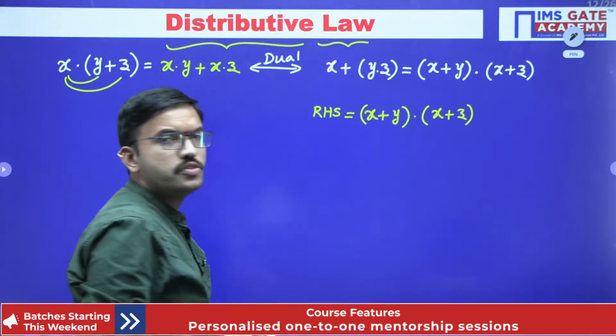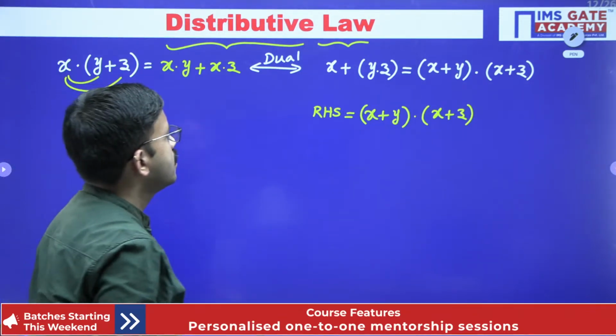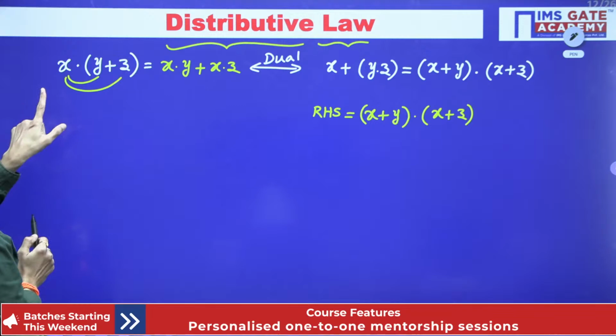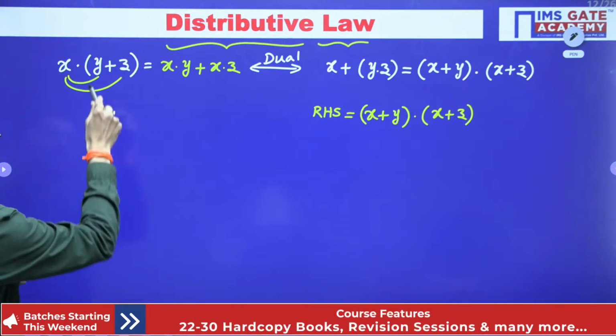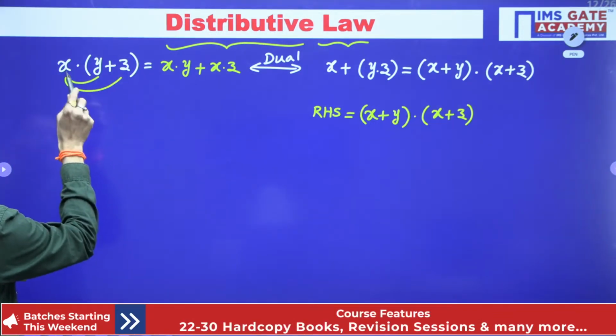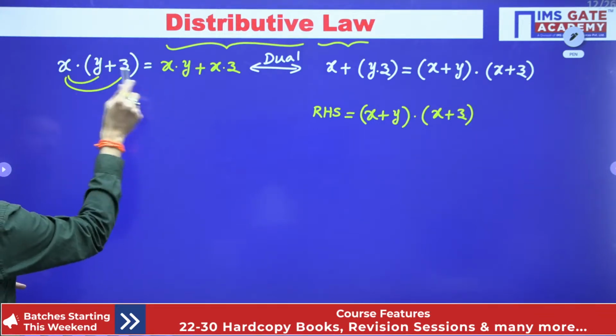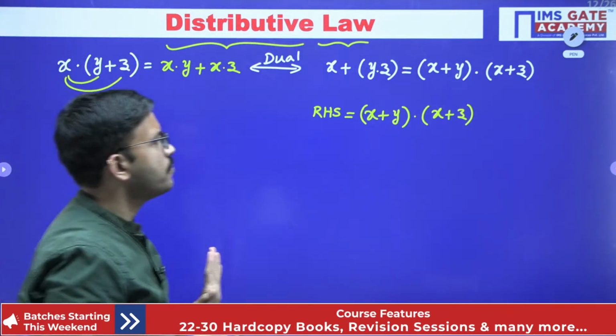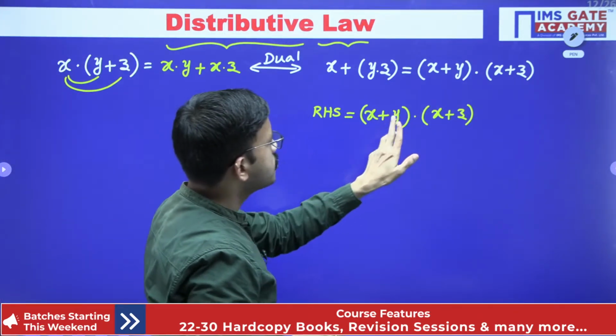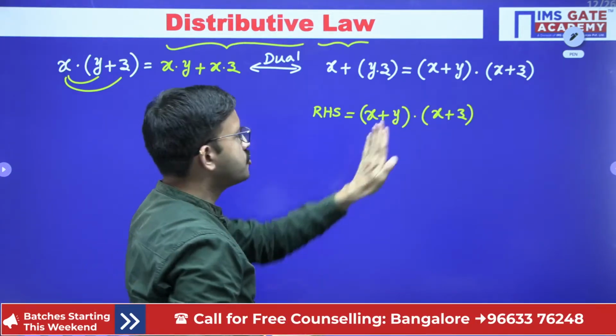Just like here you are having a single variable, but here you are having two variables. What we have done? x into y plus x into z. In the same way, for the time being, assume that there is no y.